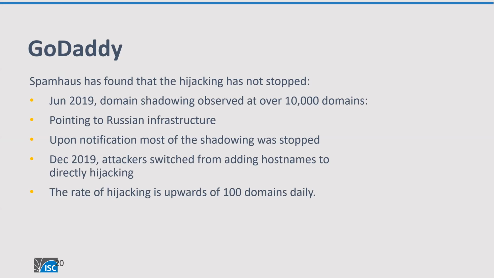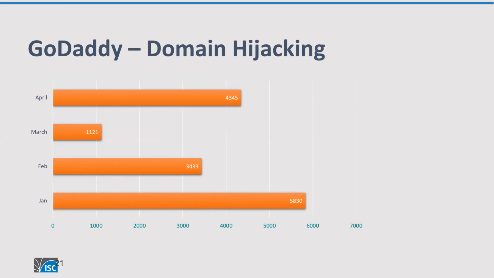And everybody loves graphs. So we have a few numbers here, and all of these, with the exception of March, and maybe they were self-quarantining with us and weren't hijacking as much. But now in April, everything's popped back up.